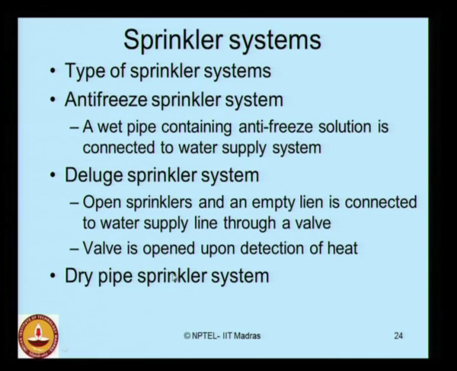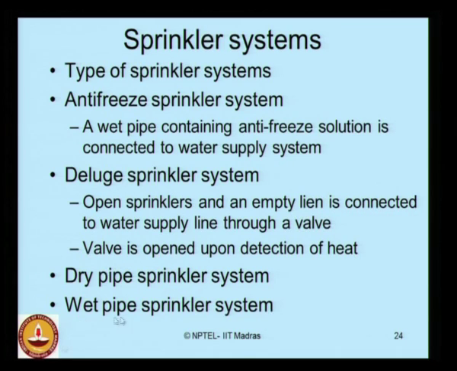The dry pipe sprinkler system and the wet pipe sprinkler system are two different sprinkler systems other than what we have seen here. In the dry pipe sprinkler system, the pipe network is connected to the overhead tank supply and the valves will open automatically upon detection of heat using sensors.